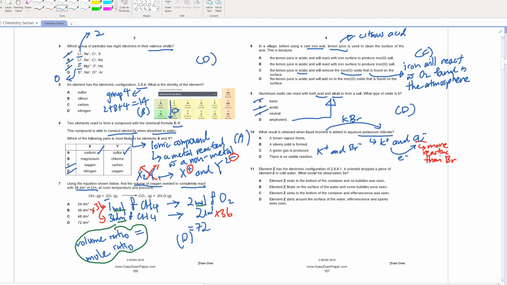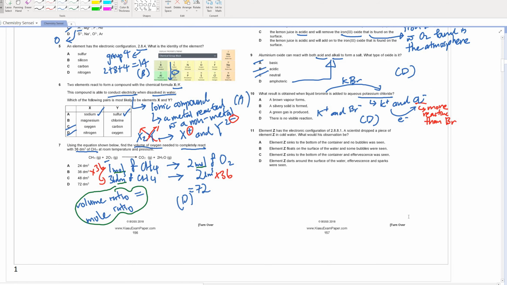Okay, on the other hand, for chlorine, which is smaller in size, it is easier for the nucleus of chlorine to attract the electron donated by potassium. Thus, chlorine would react with potassium more preferably than bromine to form potassium chloride. Hence, as bromine is unable to displace chlorine from potassium chloride, there is no visible reaction.